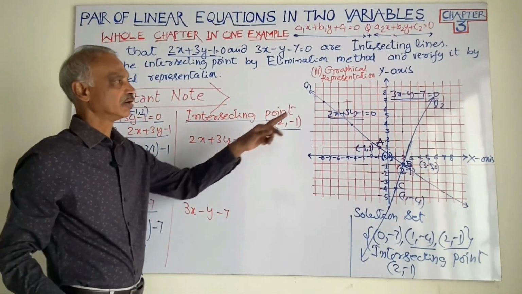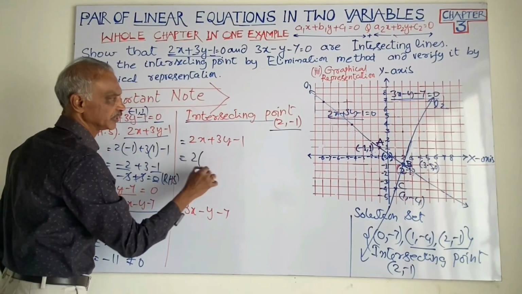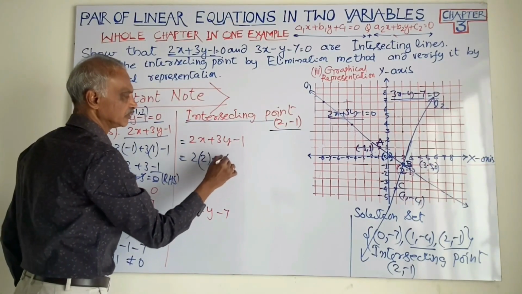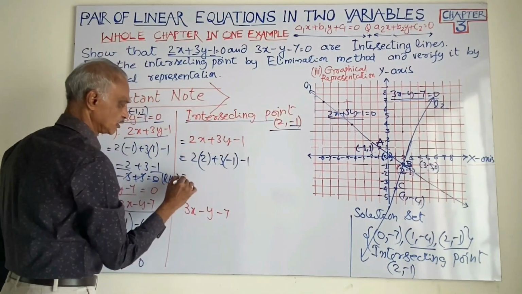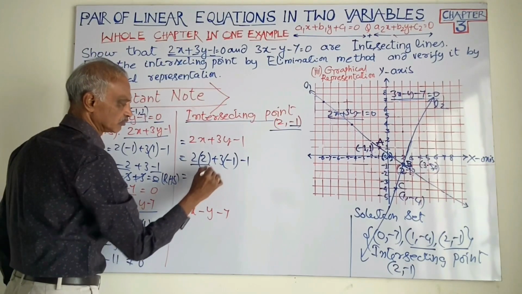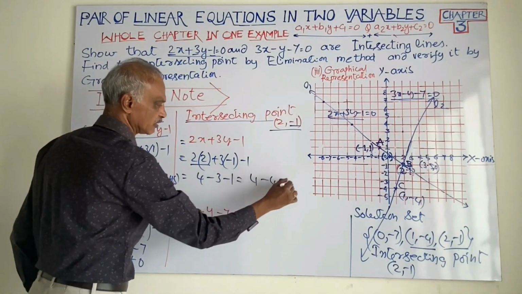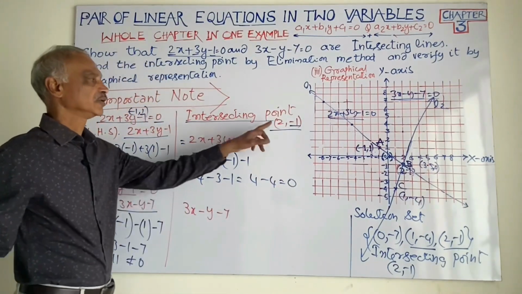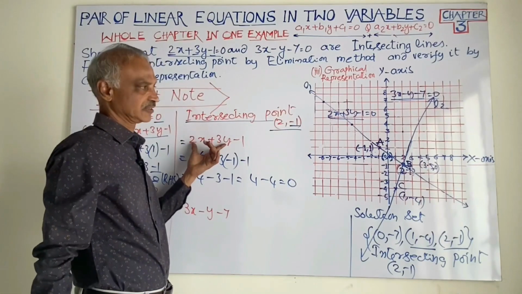I will get 0. 2 into 2 plus 3 into, in place of y, -1. 2 twos are 4, minus 3 is 1, minus 1. 4 minus 4, you are getting 0, as (2, -1) is passing through this line.